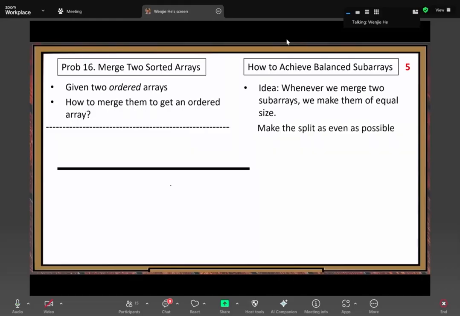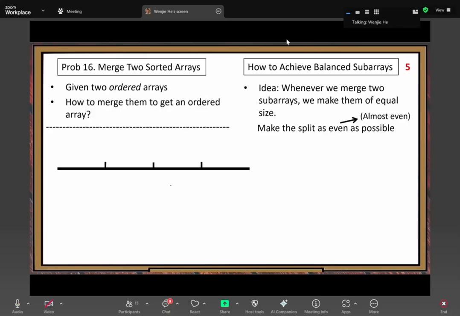Make an even split, as even as possible. First, we split in the middle. If odd number, one is longer, just one more element than the other.